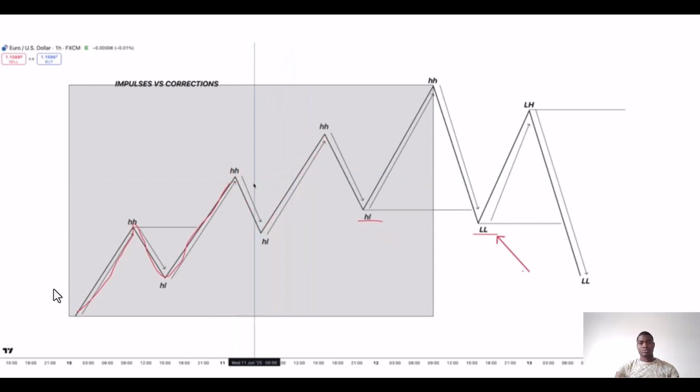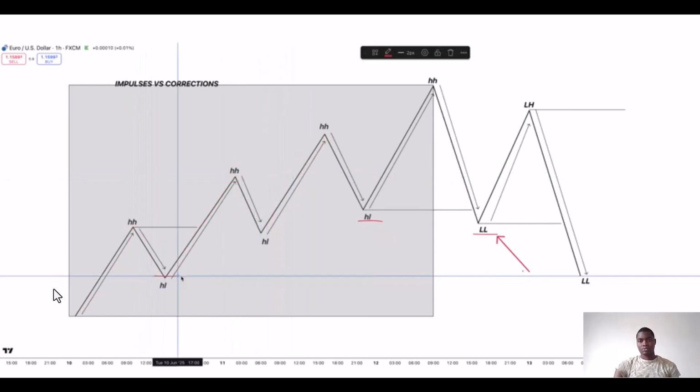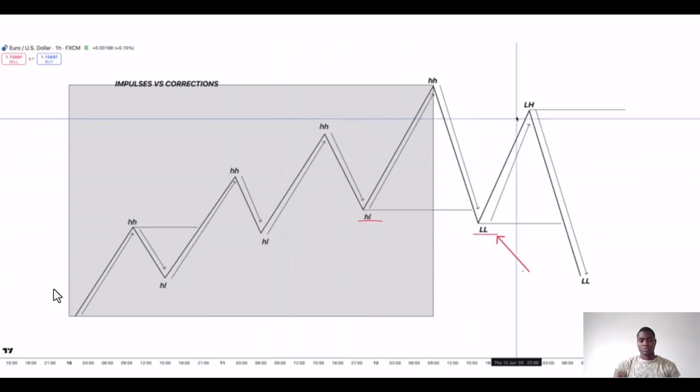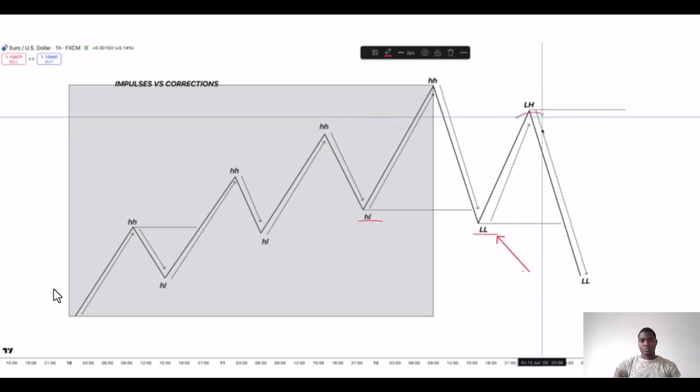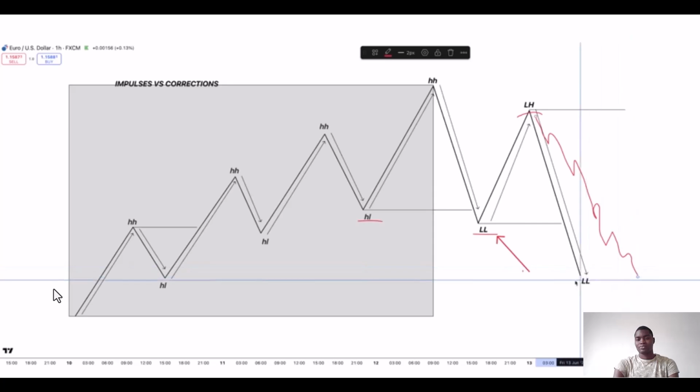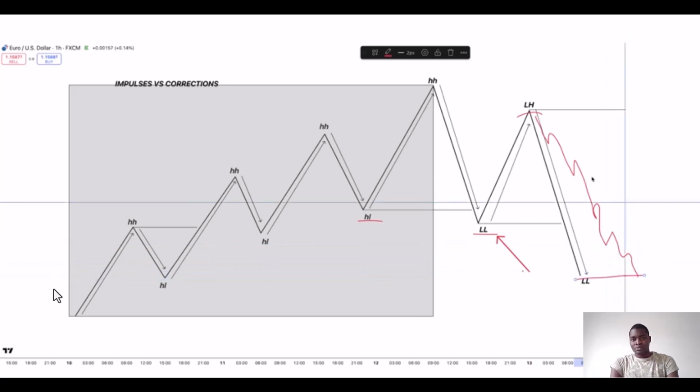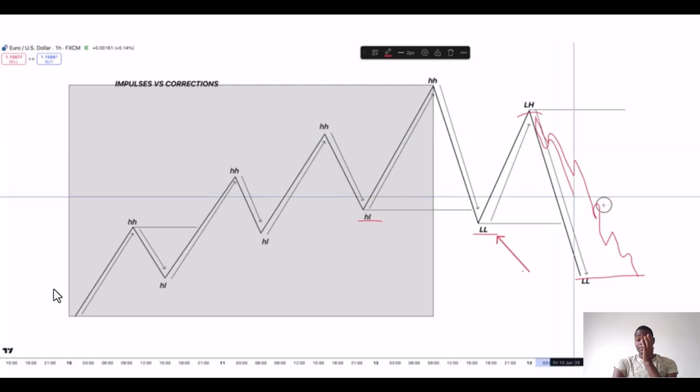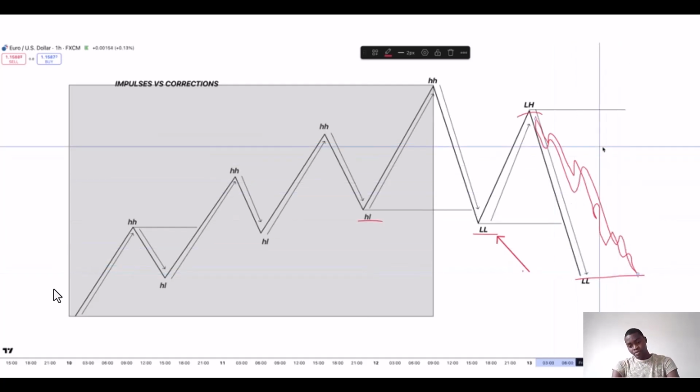So we get the biggest profit potential by buying from the corrective moves in an uptrend. And the same goes for a downtrend. If we can sell around the high of the corrective move, then we get the biggest profit on a short trade, which is basically where you profit when the market falls, by getting in here and catching the entirety or the majority of the downward impulsive moves that then occur.